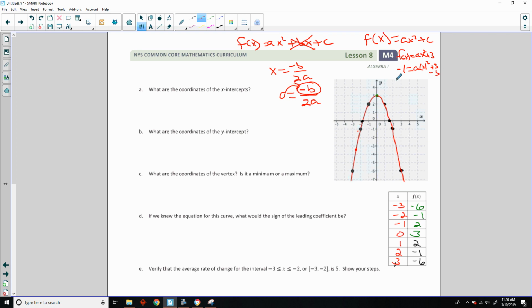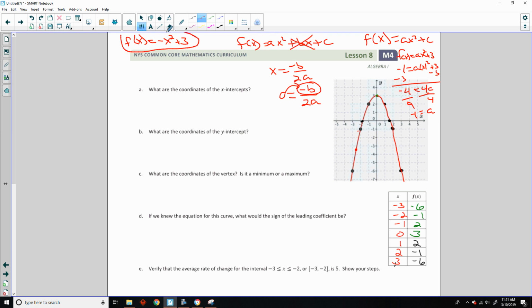Well, if I subtract 3 from both sides, then I get negative 4 equals 2 squared, which is 4 times a. Okay, so if I divide both sides by 4, then a equals negative 1. And so now I have my function. Now I know that it's f of x equals negative x squared plus 3.